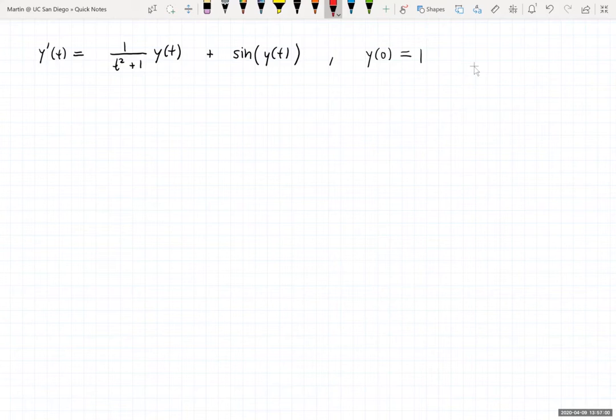Let's again write down the right-hand side. We identify that we have the function f of t, y equal 1 over t squared plus 1 times y plus the sine of y.